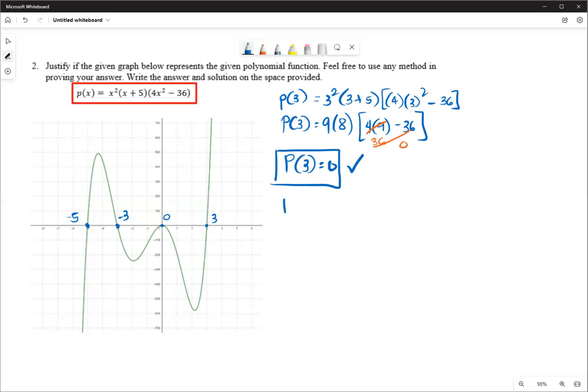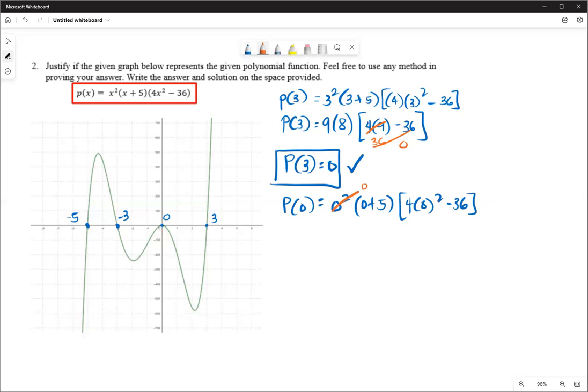So we have p of 0 is equal to 0 squared times (0 plus 5) times (4 times 0 squared minus 36). At first glance, we have 0 squared, and 0 squared is just 0.